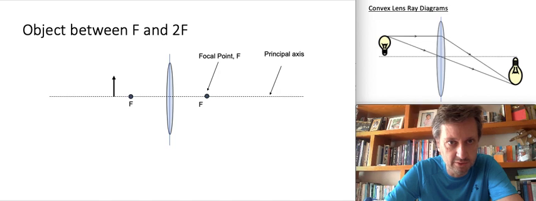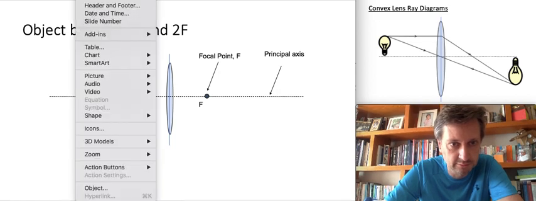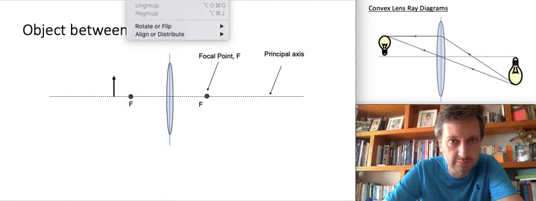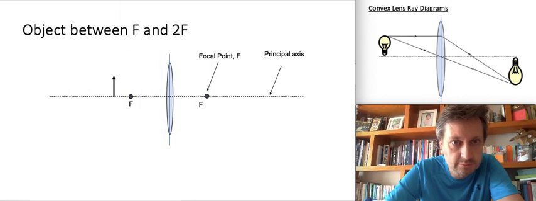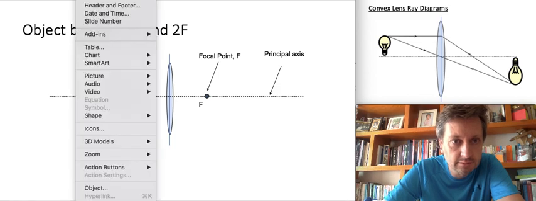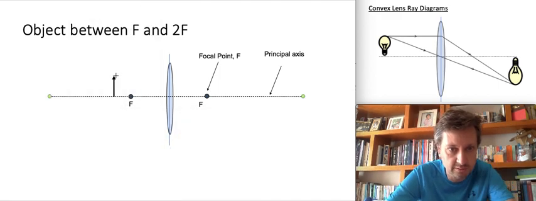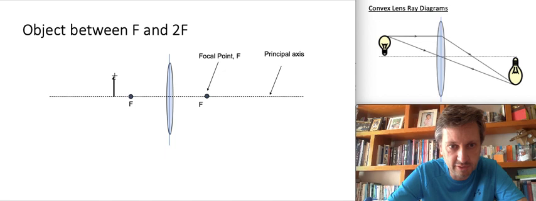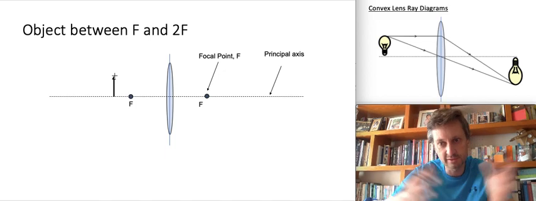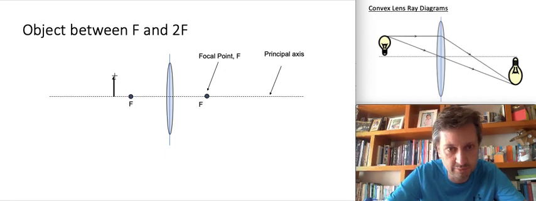Okay. I was going to draw it with my pen, but I've realized it's going to be an extremely wobbly line, so I'm going to click on my little PowerPoint, insert shape, insert line. Okay, and I'll draw 2 lines from the top of the object. Now the first line I'm going to draw, if you shine a ray of light directly through the center of the lens, or directly through a piece of glass, it will just go straight through.